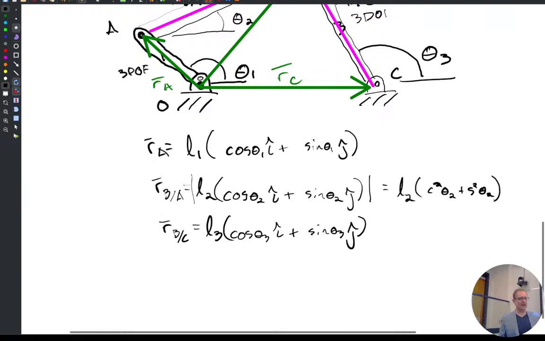So whenever we use cosine and sine to describe a unit vector, the magnitude is already 1. So whatever we multiply it by, we're good to go. Yeah, that was good.